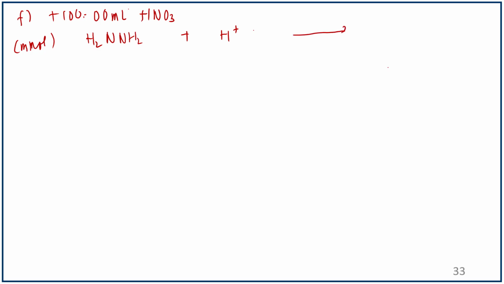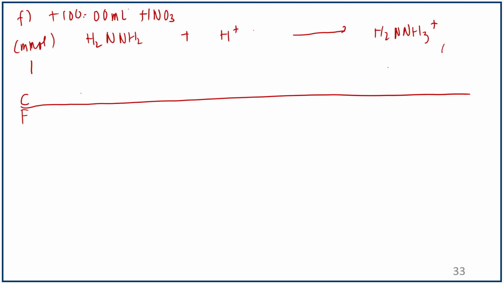Alright, then for the last case, the last volume that we want to calculate, what if we have so far added a total of 100 ml of nitric acid? So this is way past the equivalence point. Again, we can still write an ICF table. So hydrazine plus H plus to get hydrazonium ions.